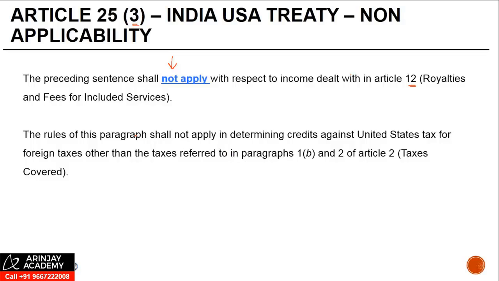The rules of this paragraph shall not apply in determining credits against US tax for foreign taxes other than taxes referred to in paragraphs 1b and 2 of Article 2. So the only taxes for which these credit rules, the source rules or the rules relating to where income should be deemed to arise, will apply are the ones discussed in these two paragraphs. For other taxes, the rules discussed in this paragraph do not apply.